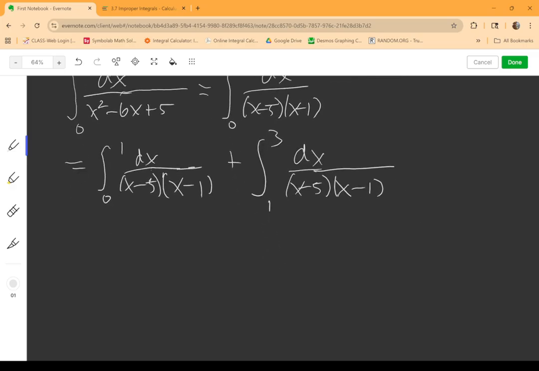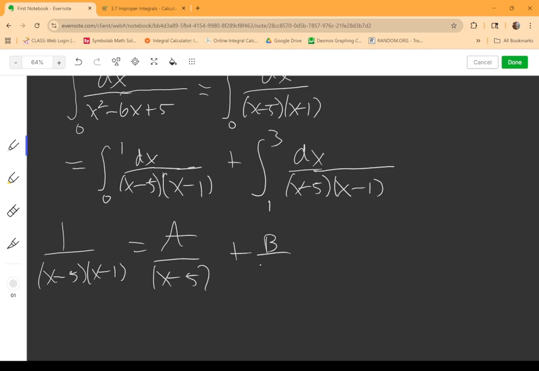Okay, now this looks like I'm going to need the method of partial fractions. So I want to, again, set up my method here: A over x minus 5 plus B over x minus 1.